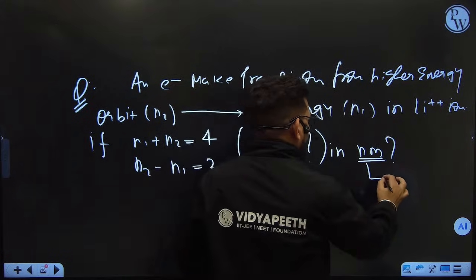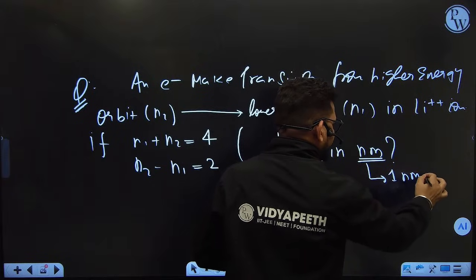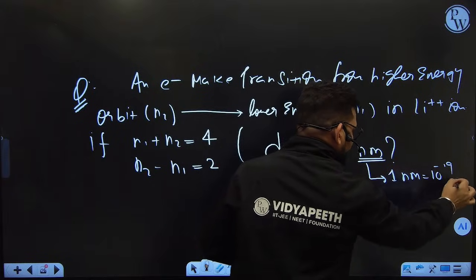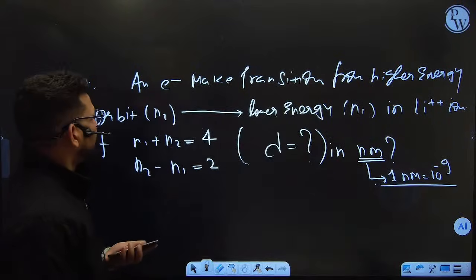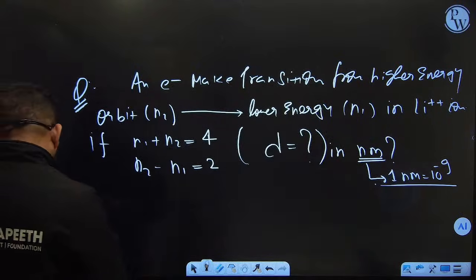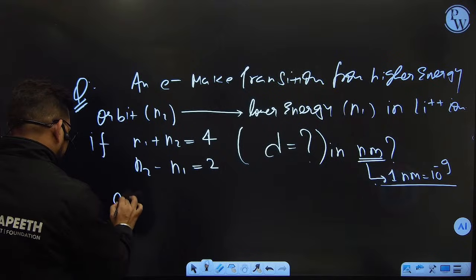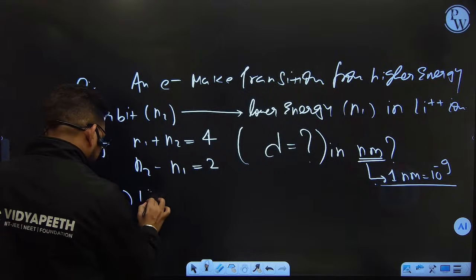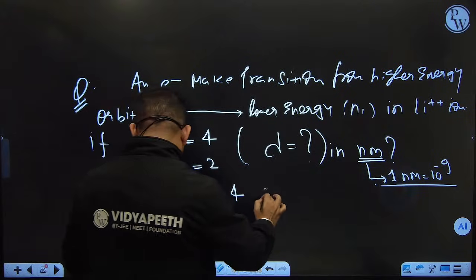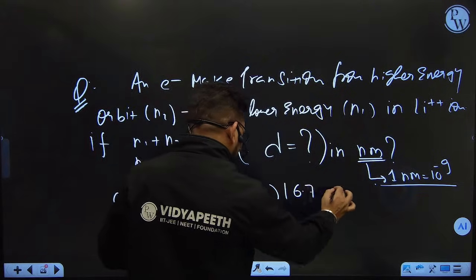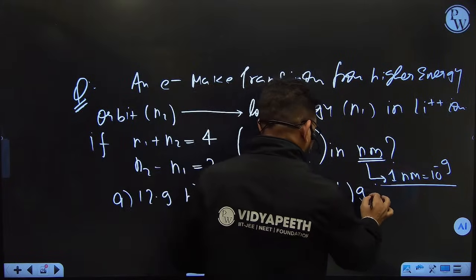All of you are aware that 1 nanometer equals 10 to the power minus 9 meter, right? Okay, so this is the question, and the options are also given here. I am lucky to have options: 12.9 nanometer, 11.4 nanometer, 16.7 nanometer, and 9.2 nanometer.